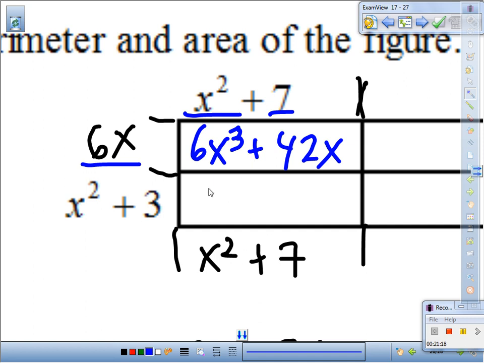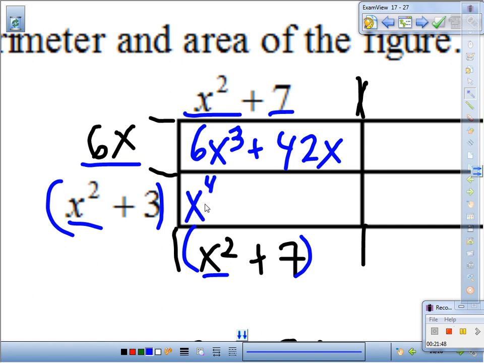Next, this one right here. What do we have? X squared plus 3 times x squared plus 7. All right, so let's see. I'm going to use the distributive property. Here we go. What is x squared times x squared? Very good.